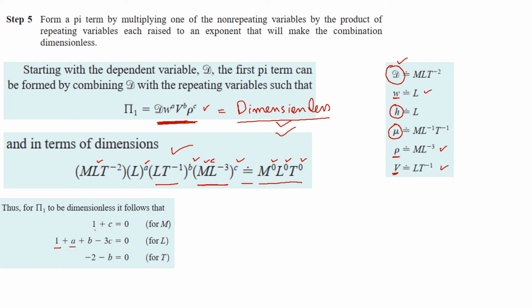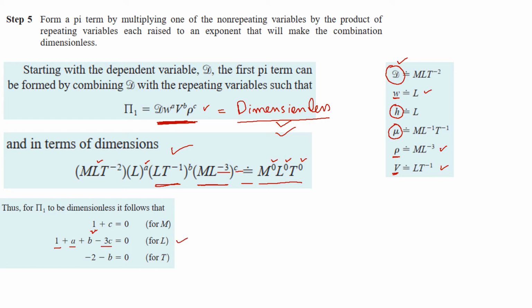Then in the velocity term, the length has a power of B. So that's why it's plus B. And then in the density term, the length power is minus 3 multiplied by C, so that is minus 3C, which is equal to 0 for length.